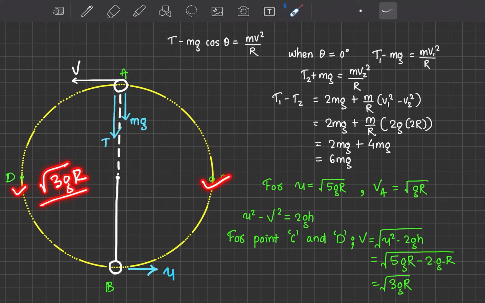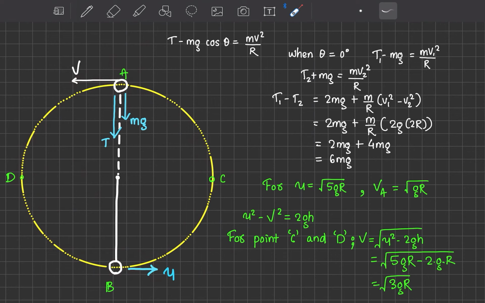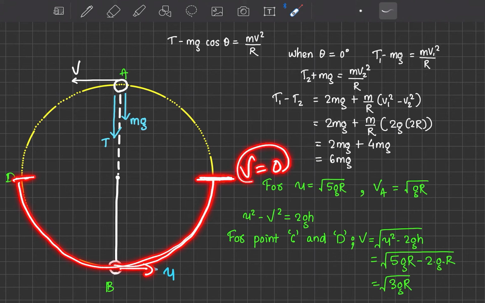But pay attention guys, this value is root over of 3gr only when the speed here is root over of 5gr and the speed here is root over of gr. So these four values are correlated. Now suppose someone asks what should be the velocity here so that the particle can just reach up to C or D. In that case, we have to assume that if it reaches just this point, then the final velocity of the particle should be 0 so that it can return back.